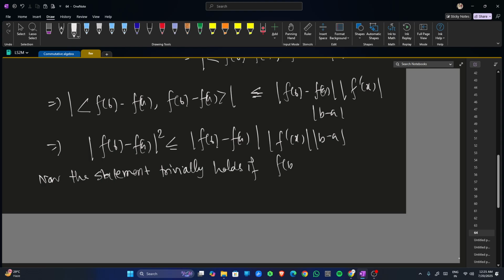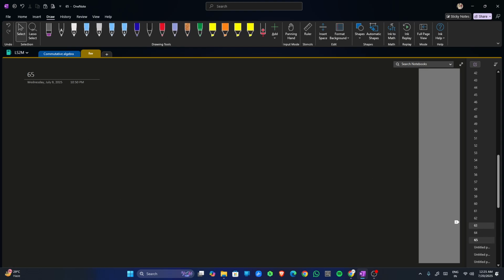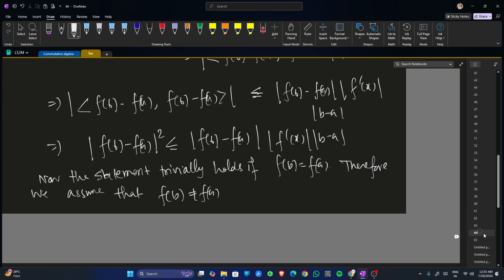Therefore we assume that f(b) is not equal to f(a). This implies the norm of f(b) minus f(a) is not equal to 0, so we can cancel it from both sides.